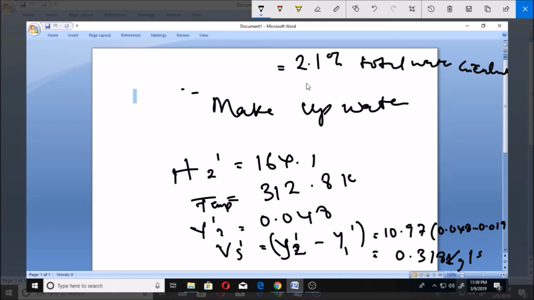So having that, we now have this water makeup to be 0.318 all over 15 times 100%, which will give us 2.1. So this 2.1, we got it by saying what we have here, all over 15 times 100 over 1, and that is the makeup water.